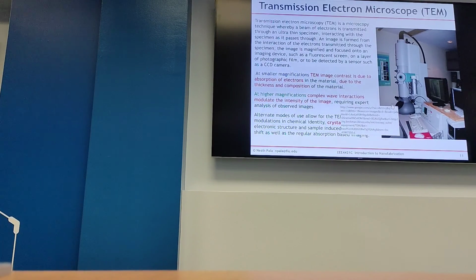Anyways, in the old TEMs, at the bottom here, there is a fluorescent screen. Literally, fluorescent means when electrons hit there, it just fluoresces and you see the structure. But in new ones, they put detectors here, so no more of this old screen. You see everything in modern ones.